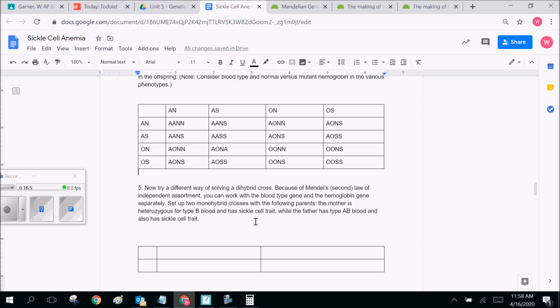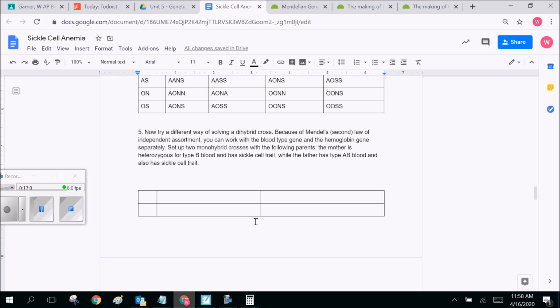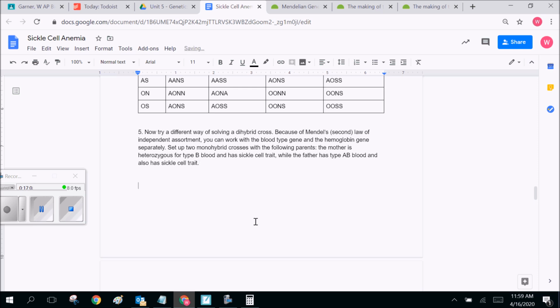Now down here, there's a different way of solving a dihybrid cross. We can actually do two different monohybrid crosses to do this. So let's imagine that the mother is heterozygous for type B blood, so she's BO. I'll go ahead and put that here so we can see it. And she has a sickle cell trait.